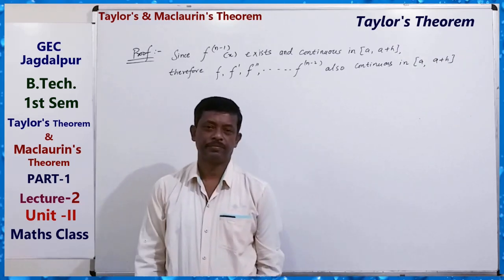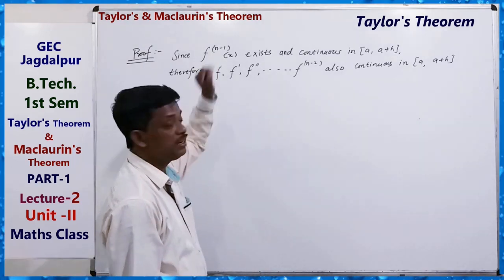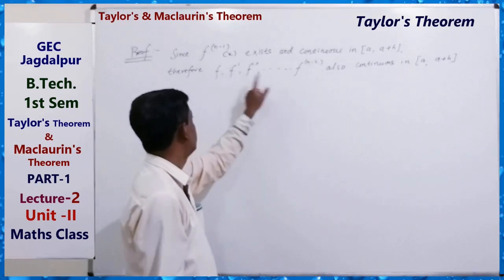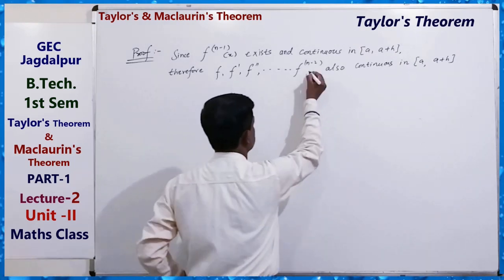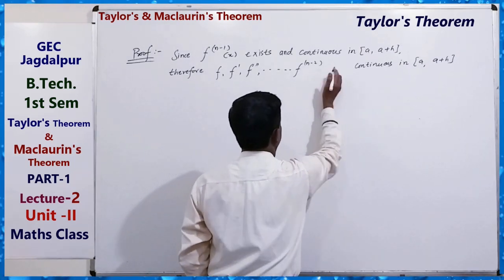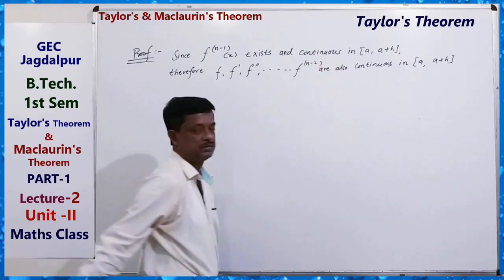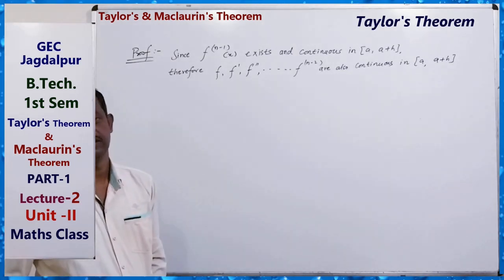Means the n minus 1 derivative exists and is continuous, so its lower derivatives and the function are also continuous in the closed interval.